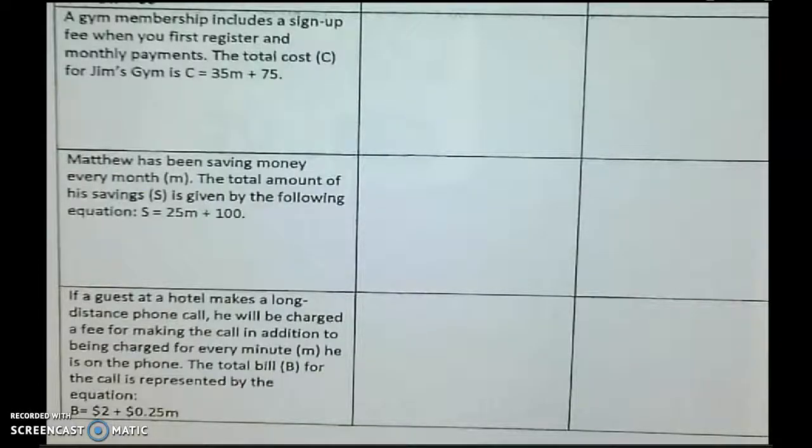Now looking at number 3, you have a gym membership. That gym membership includes a sign-up fee when you first register, and then there are monthly payments. So we have the total cost C for the gym membership. We have our equation C equals 35M plus 75. So you have to interpret what the slope is.